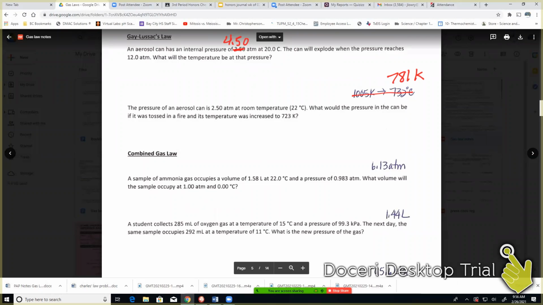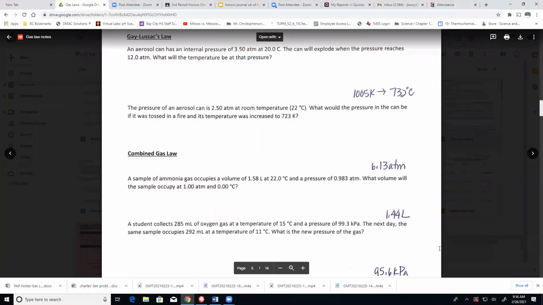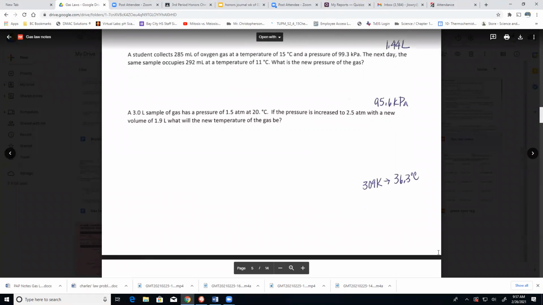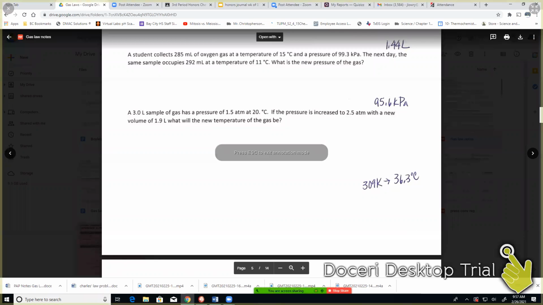The next one is good. And it looks like it's for this problem, but this one, the 6.13 is for the second problem. The 1.44 is for the next one. And then 95.6 is good, but then I'm going to come down here and change this a little bit.